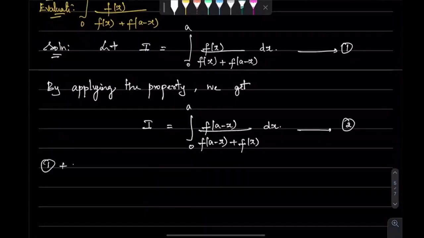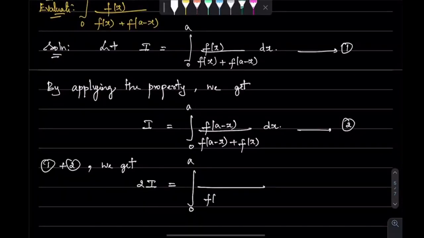So adding 1 plus 2, we get 2I, right? LHS becomes 2I is equal to integral 0 to a. Numerator, denominator is same, no? So f of x plus f of a minus x, f of x plus f of a minus x dx, into dx.